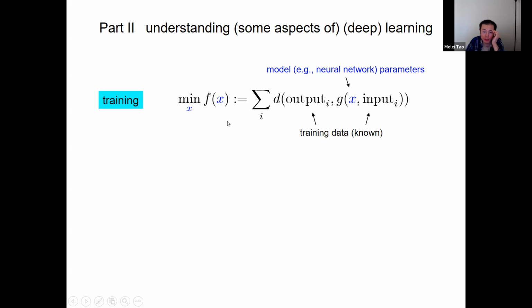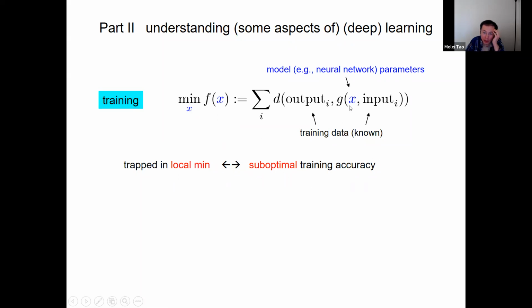So clearly, this is a minimization problem. And oftentimes, G is going to be complicated. For example, if G is a neural network, this F is going to be a highly non-convex function. So if you're unlucky, you can actually get trapped in a local minimizer of F. And in fact, this happens very often if you're not careful. That's actually bad, because that means you are achieving suboptimal training accuracy.